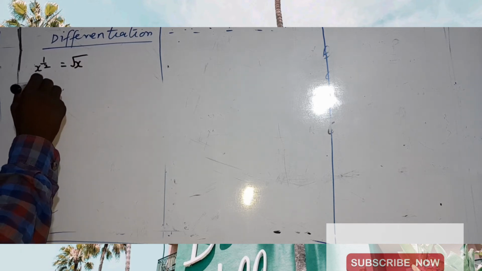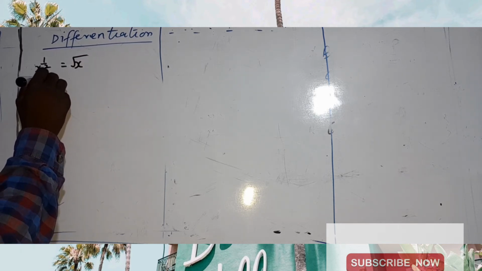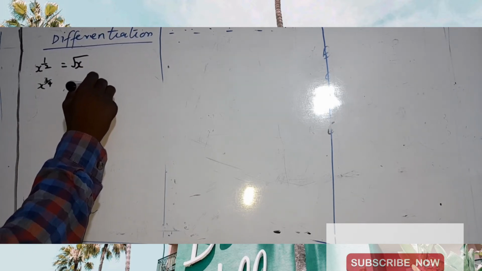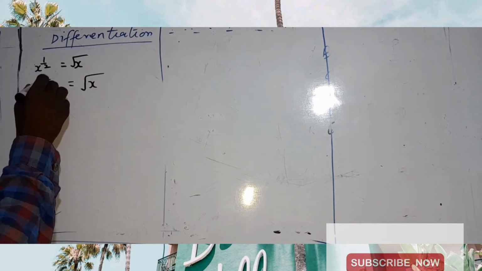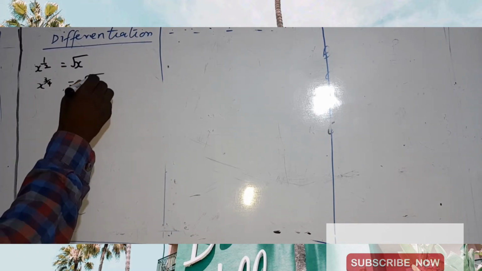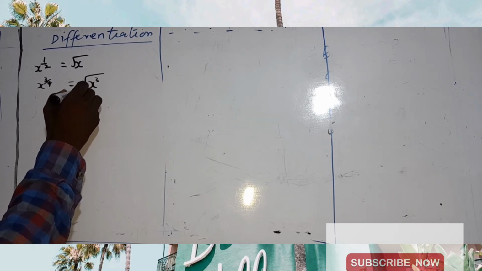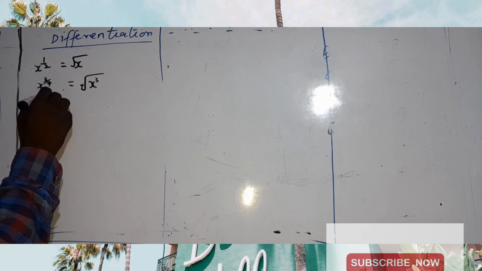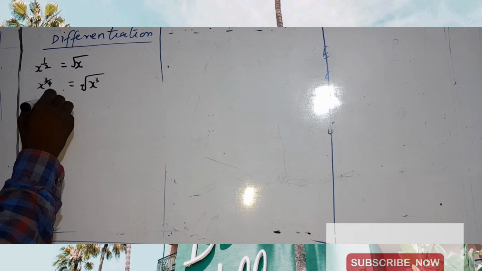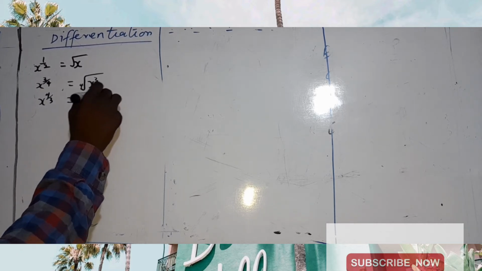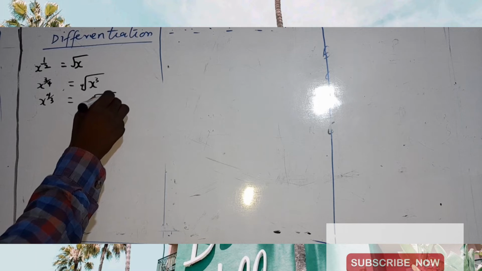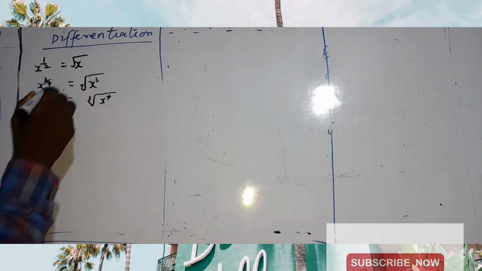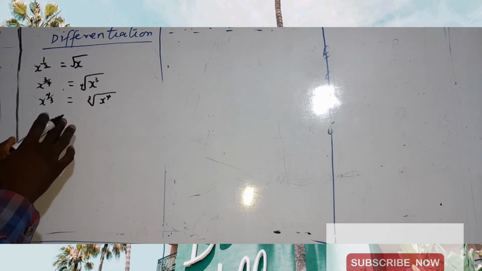If you have a number like x raised to the power 3 over 4 and want to put it in root form, remember the top one is always inside, and the bottom one is the root. So if I have x raised to the power 4 over 3, then the 4, the top one, should be inside, and the denominator should be the cube root. So that's how we write it. Is that okay? Don't forget that one.